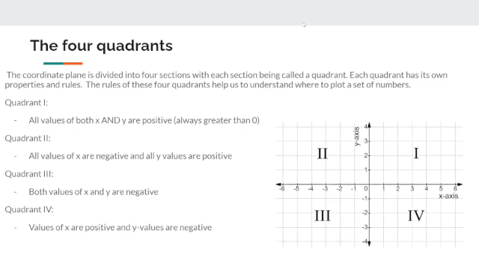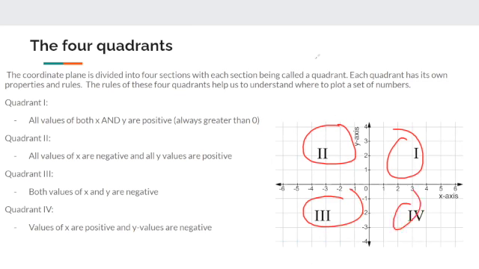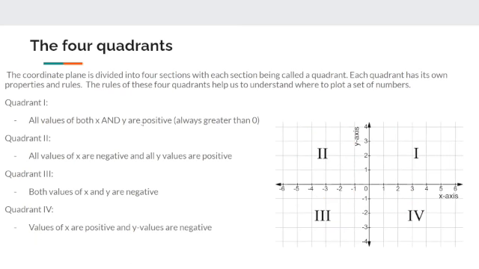Now, the four quadrants. Each quarter of the coordinate plane is a quadrant. When you are graphing a function, you have to follow these rules. For your first quadrant, which is this one, all values of x and y have to be positive, which means they always have to be greater than 0.